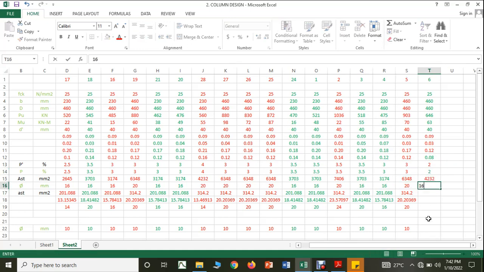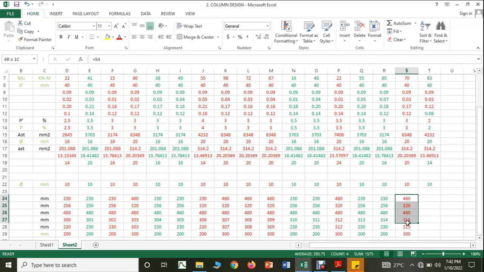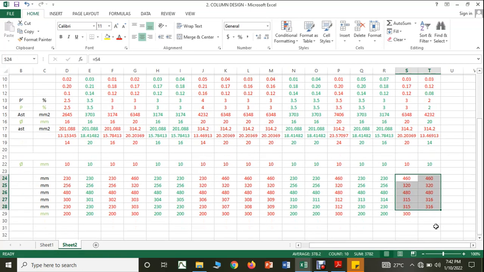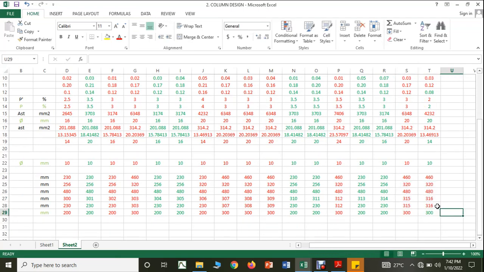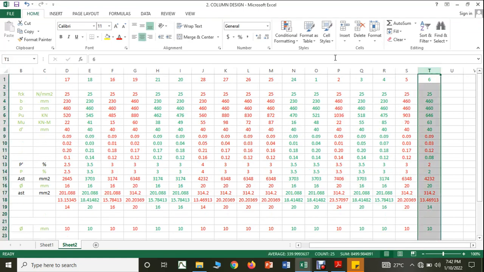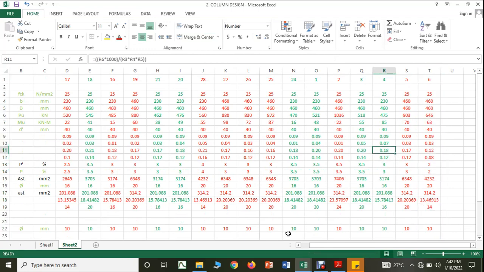I can have 16 mm diameter bar, it is of 1 bar. If I make it 20, then you will get 14 number bars. Anyhow 10 mm stirrups, 300 mm center to center. So this also I am supposed to change. Let us make it red color.